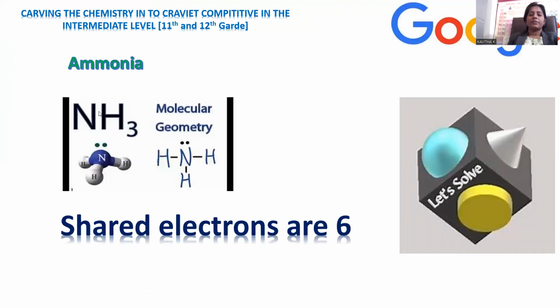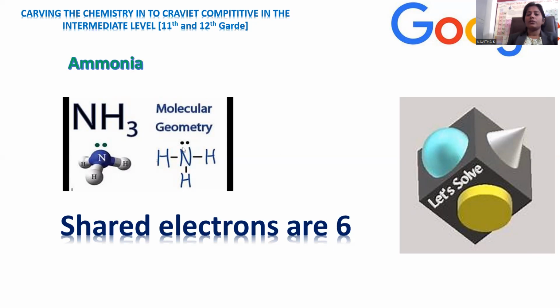For that purpose, let me take ammonia first. Ammonia geometry is taken as tetrahedral, and its shape will be pyramidal in nature, right? So if you see, nitrogen is associated with 3 shared electron pairs. This is said to be 3 covalent bonds. 3 covalent bonds indicate 6 electrons. So shared electrons are 6.